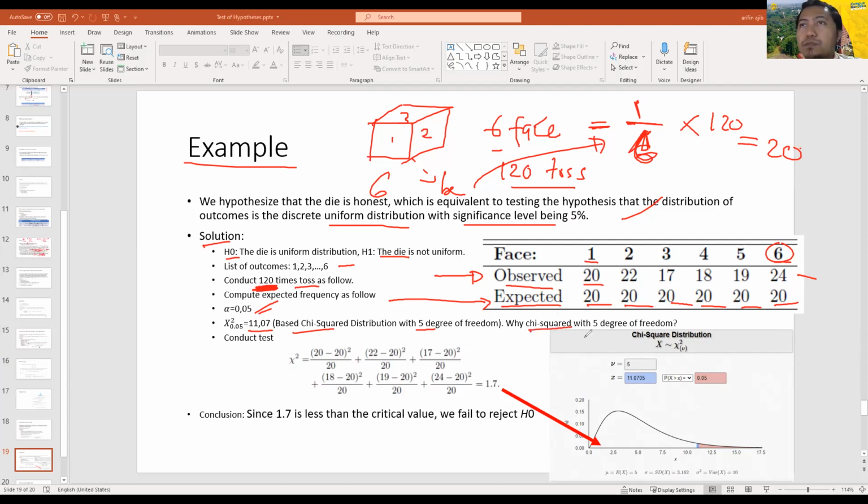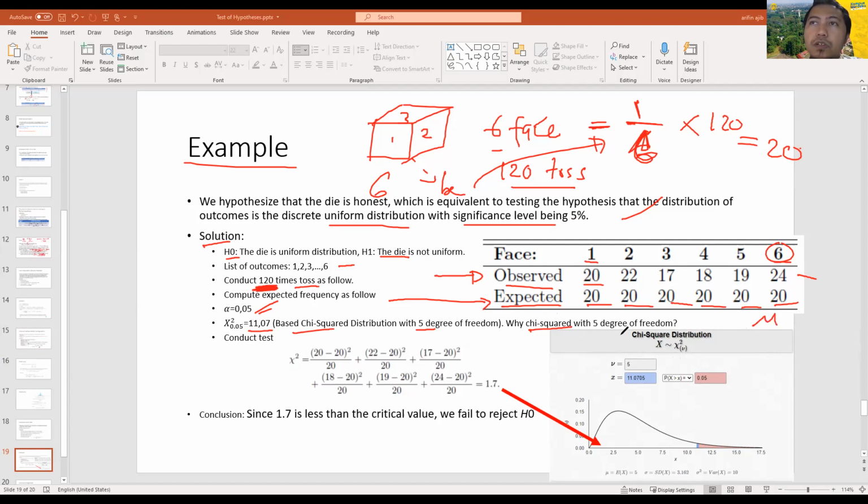Why chi-square distribution here? Because we don't know the variance. We don't know the variance, and we don't know the mean.